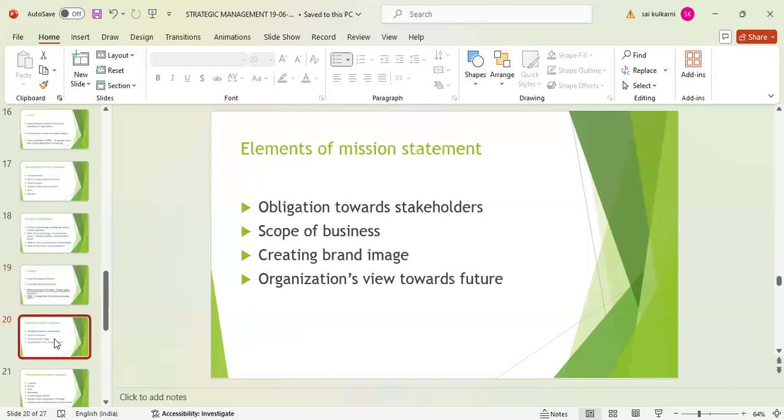Elements of mission statement. Which are the factors you should consider in a mission statement? We have seen there are different stakeholders. Their different interests are there.